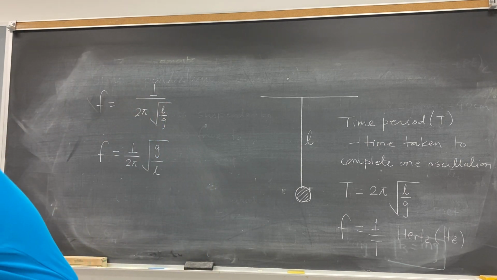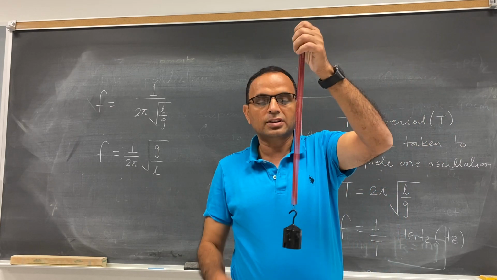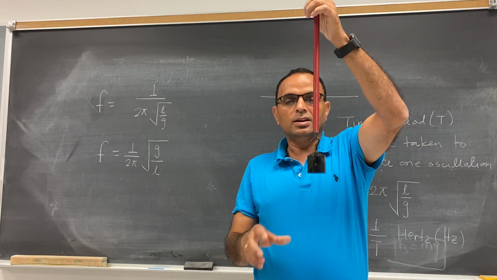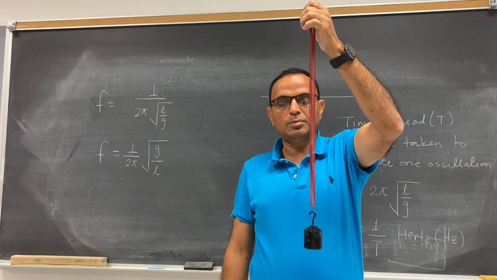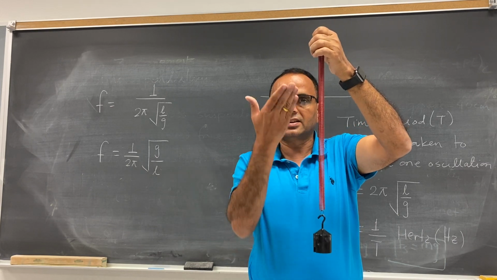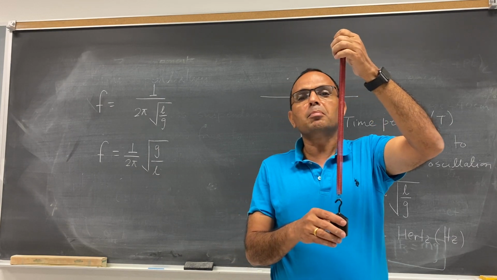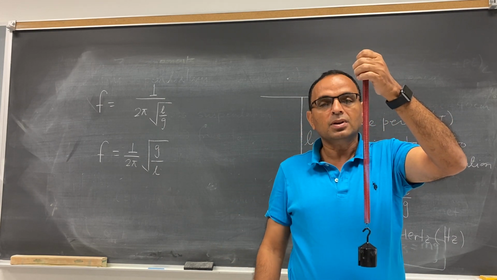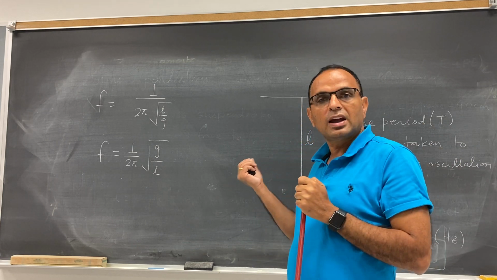We have this in this case also. This is not in our syllabus, so I am not going to do this. This object is vibrating. Here also we can calculate the time period, the time taken to complete one oscillation. In the case of a mass spring system, the time period is different. We cannot use that formula.